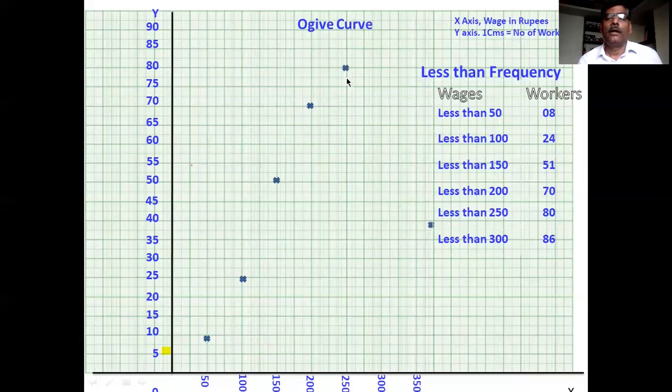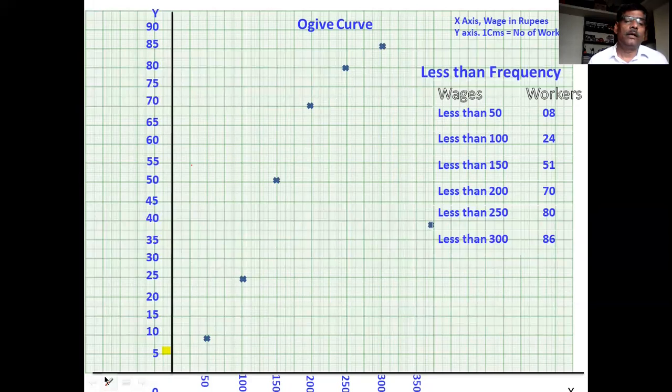And at the 300, it is 86. Like this, you mark the values at the given points. The only difference in the ogive is that values are mentioned at their own values, not in the middle. Now you draw the curve.